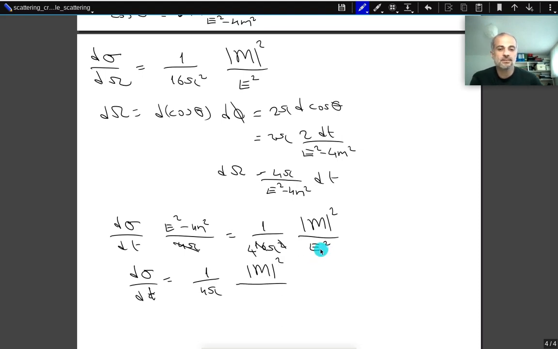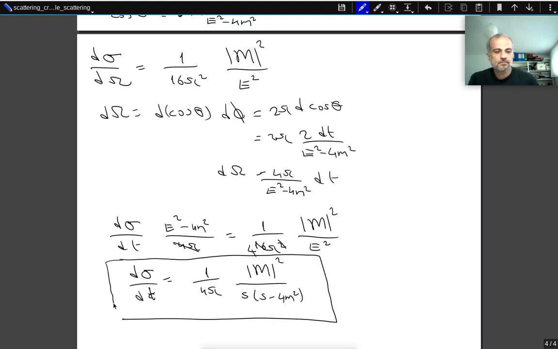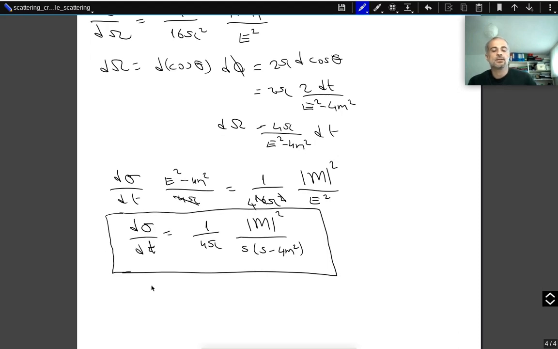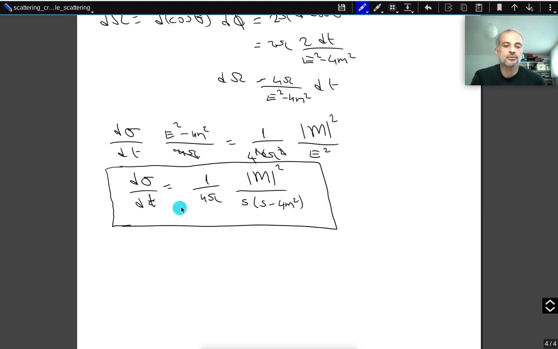Remember, E squared is S times S minus 4M squared. And this is our final expression for the scattering of two scalar particles.